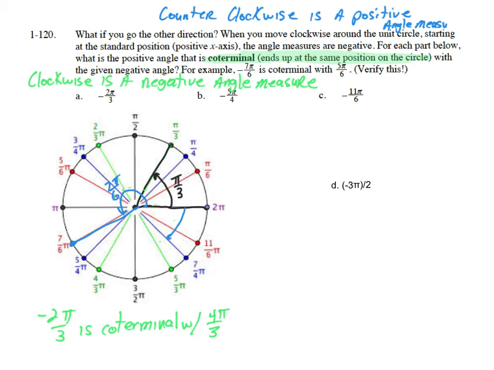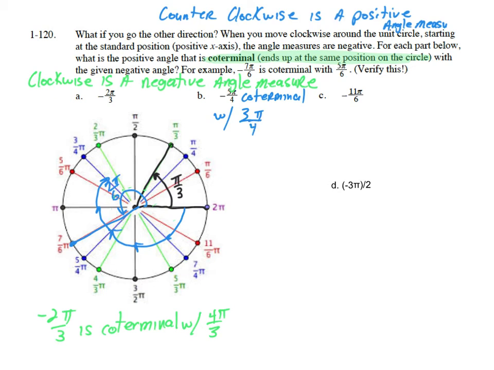So 1 pi over 4, 2 pi over 4, 3 pi over 4, 4 pi over 4, there's 5 pi over 4. A negative 5 pi over 4 is coterminal with 3 pi over 4.